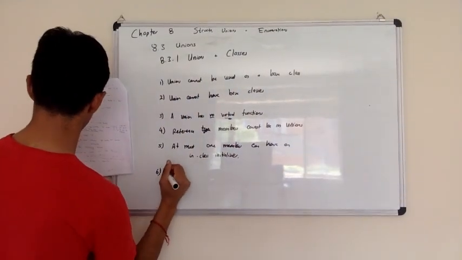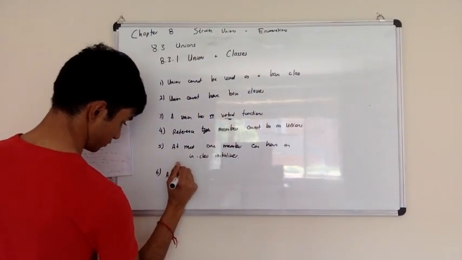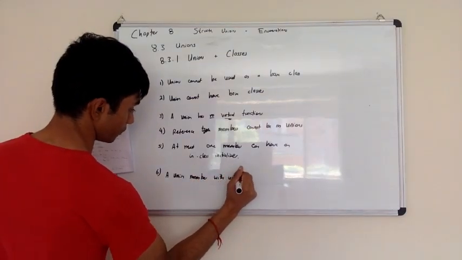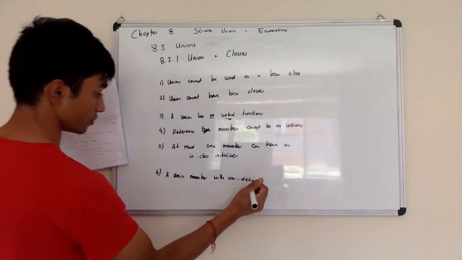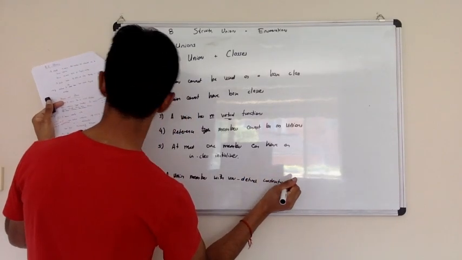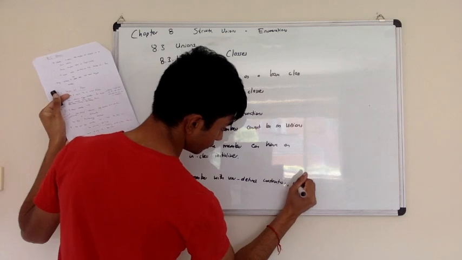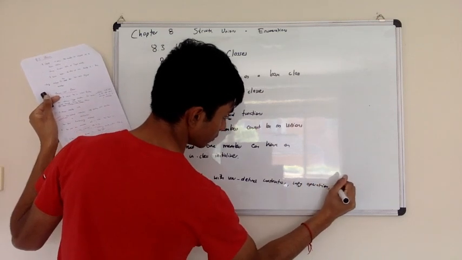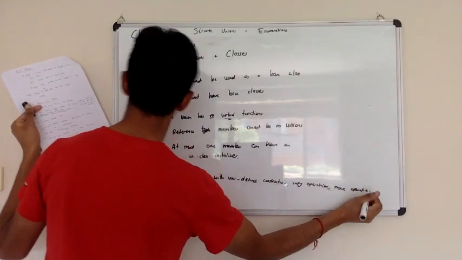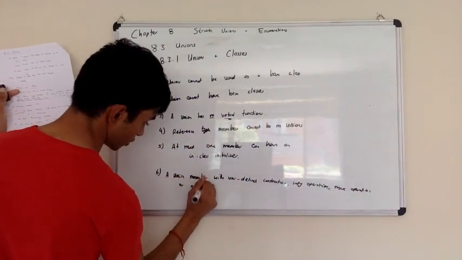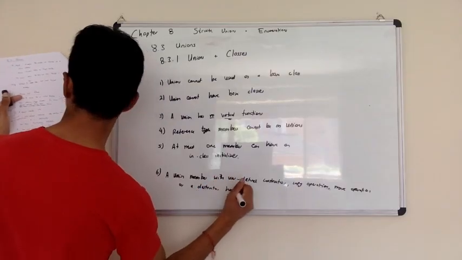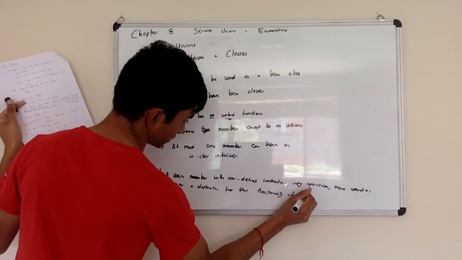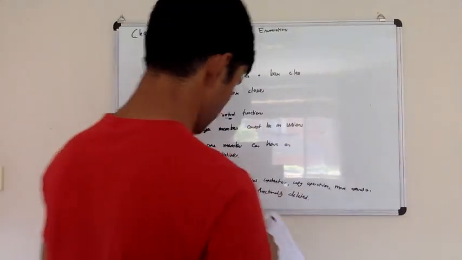Number 6 is that a union member with a user-defined constructor, copy operation, move operation, or a destructor has that functionality deleted.